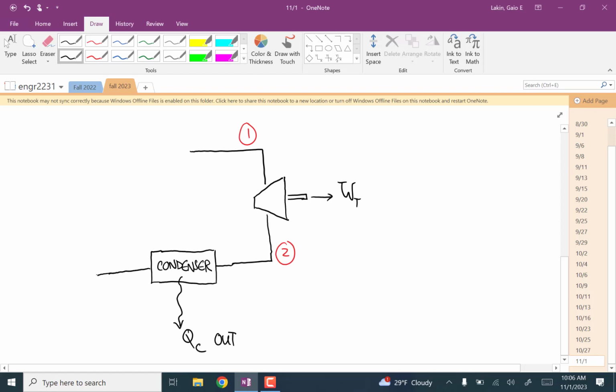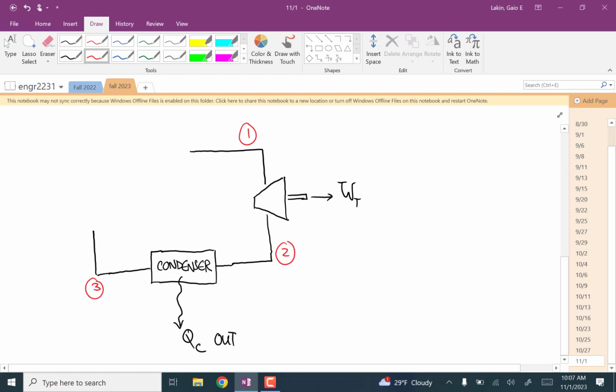Coming out of the condenser, we get to state 3. Okay, so far everything here, if you started with a high pressure at state 1, everything would happen on its own. The high pressure goes into the turbine and lowers the pressure, so that's going to drive this motion from 1 to 2 by itself. The condenser is cold, that lowers the pressure more, and so the working fluid is going to just keep on moving on its own.